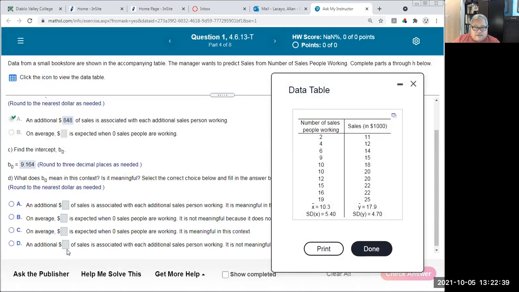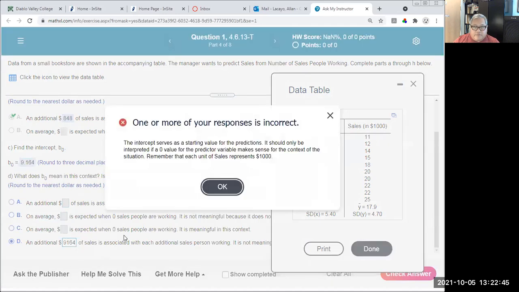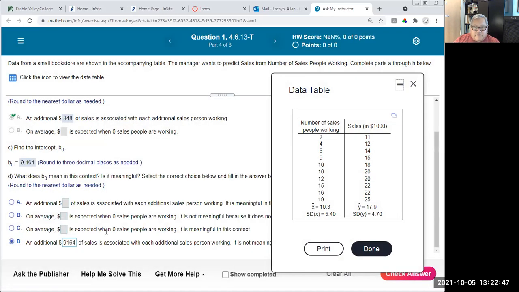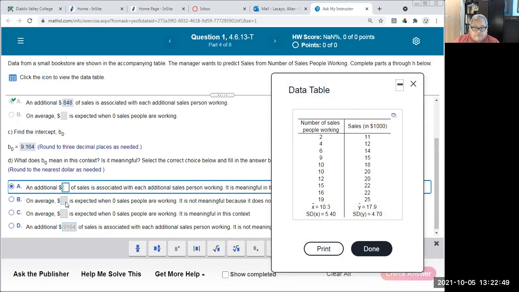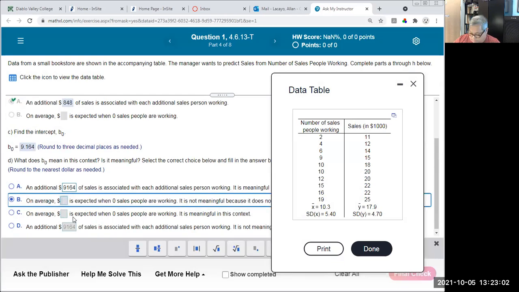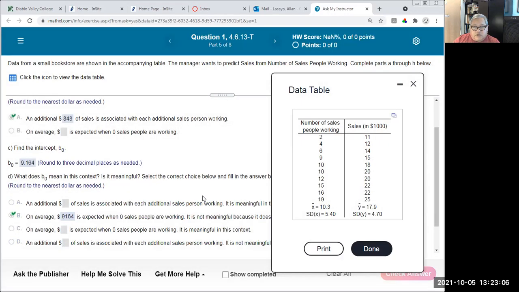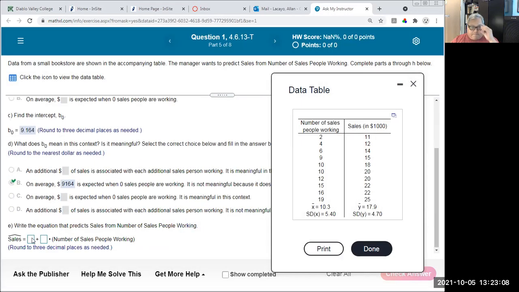And that doesn't make much sense, because how can you make sales without salespeople? And the answer is, it could be online sales.